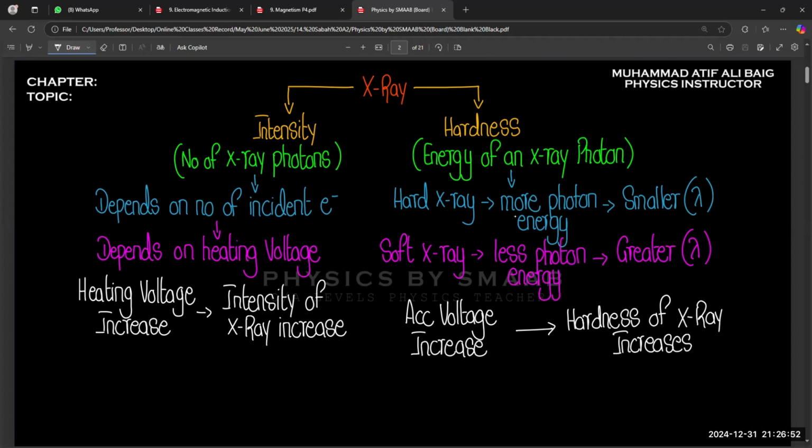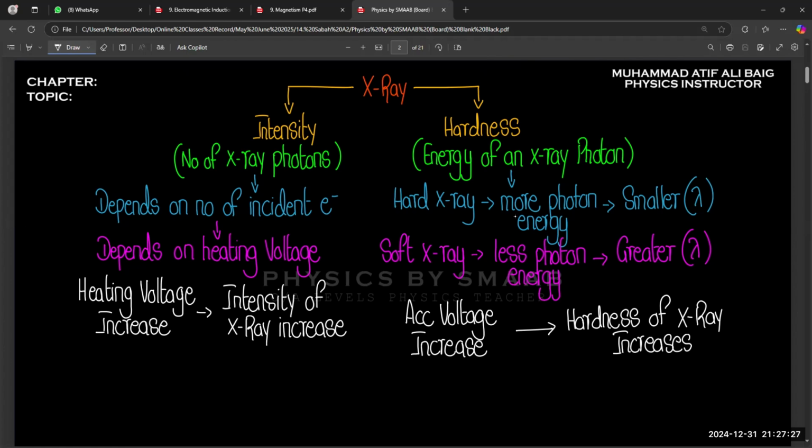Would it be the average energy, the mean energy of one X-ray photon? Yes, you'll find the average. Right now we are not using any formula or value to write down the energy of any specific thing, so it is not important right now.